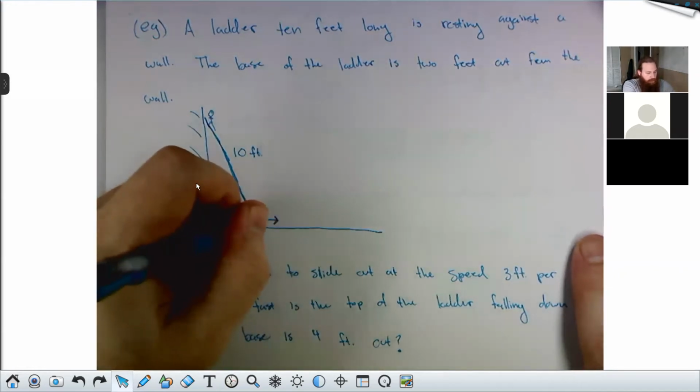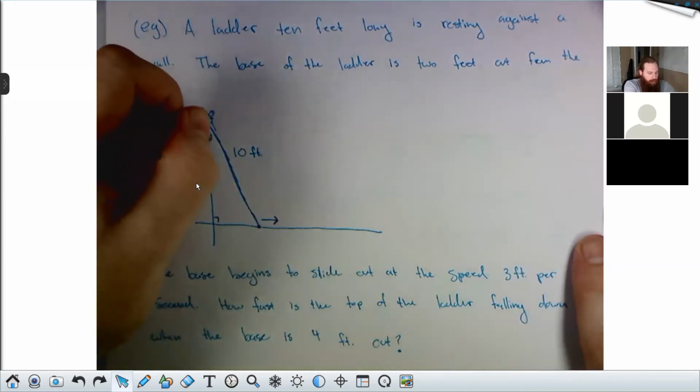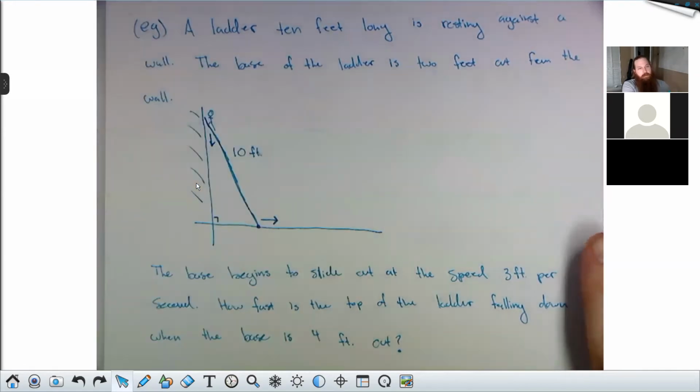Because what happens is you start falling. The top of the ladder is going to stay leaned up against that wall and the base just starts to slide away. So you start falling down. If the base of the ladder is sliding out at 3 feet per second, how fast are you at the top of that ladder falling down at the moment when the base of the ladder is 4 feet out? That's the question.